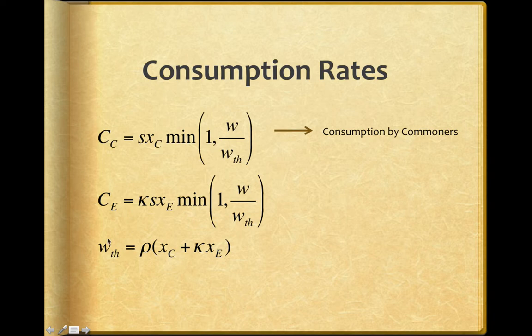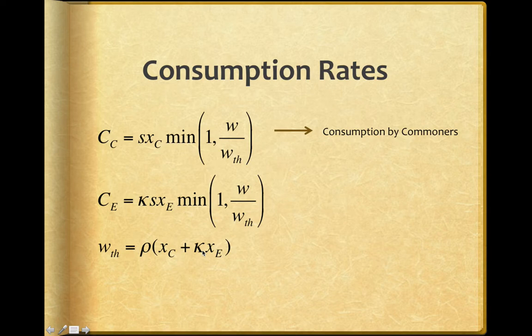Now this threshold value of wealth is essentially the minimum wealth that is required to sustain a population, a combination of population of commoners and elites, each consuming at their per capita value. That's why the elites are multiplied by kappa.